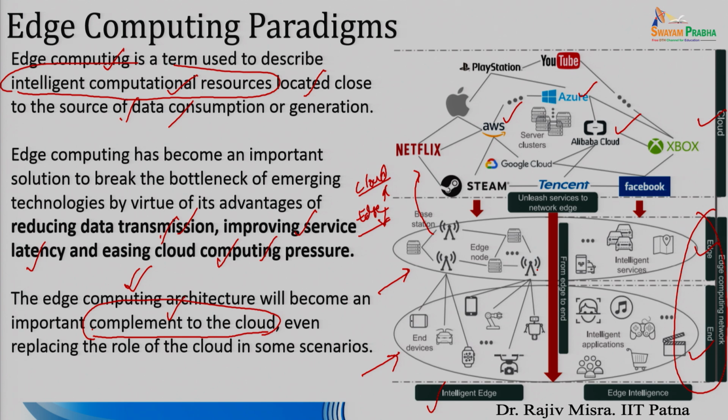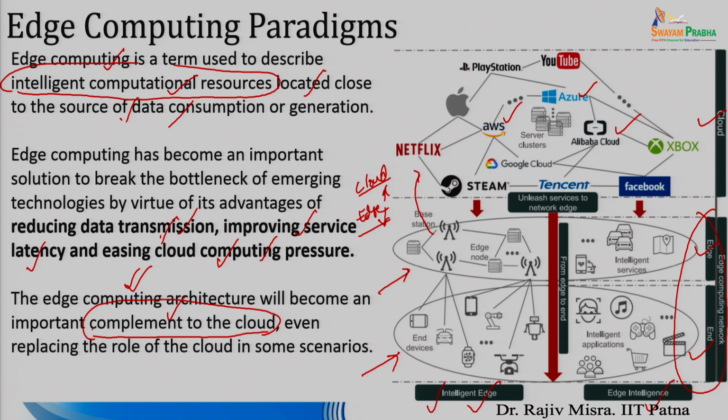So, edge computing is the term used to describe the intelligent computational resources located close to the source of the data consumption or generation, and it is supported with the help of intelligent edge. The other thing is this particular intelligence, that is AI: how the edge will provide this AI cycle or pipeline to be implemented in this edge cloud computing scenario.